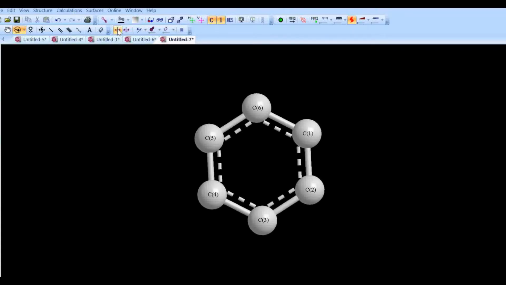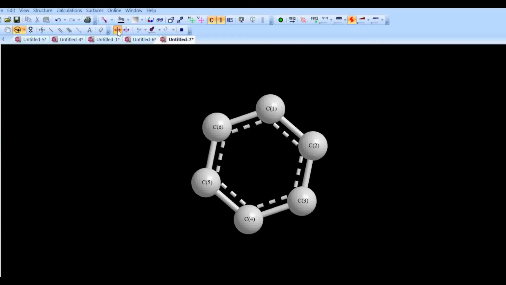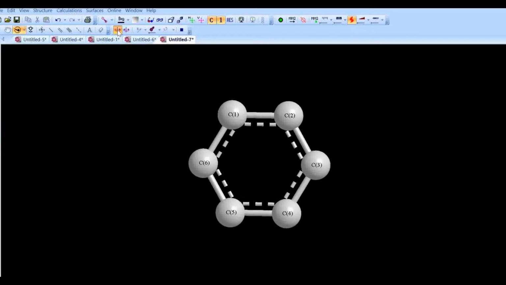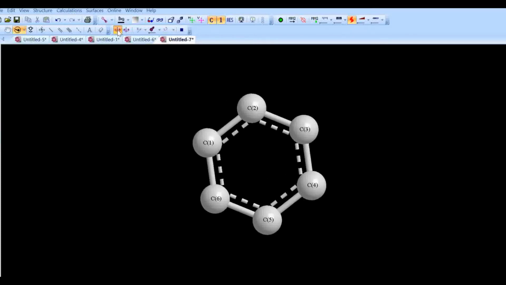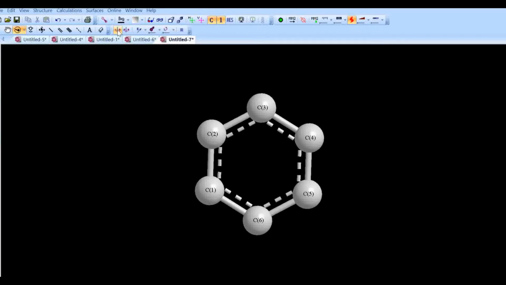This is also a C2 axis. C2 axis means rotation of 180 degrees, which means that C6 comes to C3. So even at this 180 degrees, you will see that the appearance remains the same. So the C6 axis is also a C2 axis, and it is also a C3 axis.